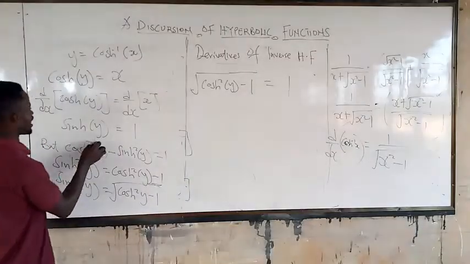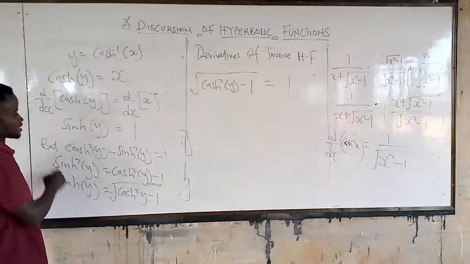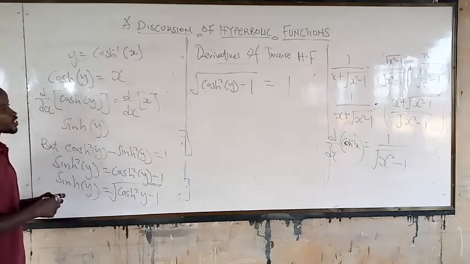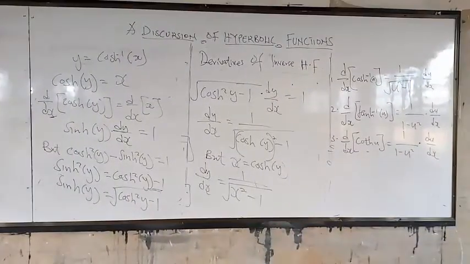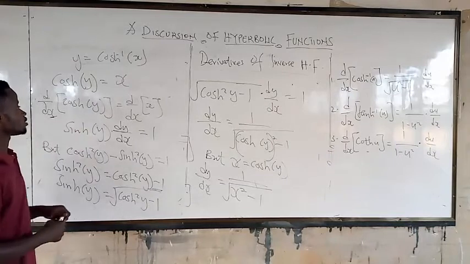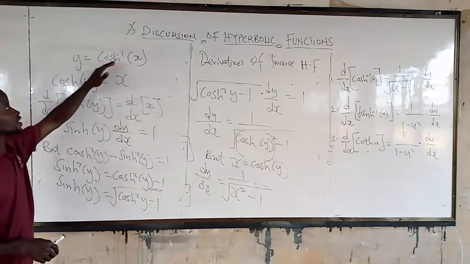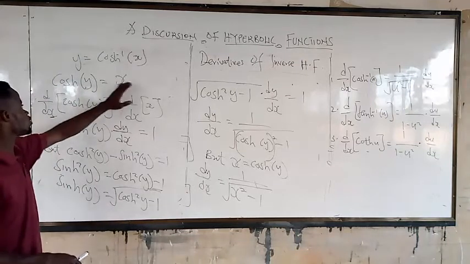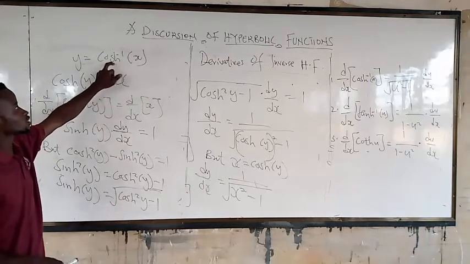Alright, now when we are taking the derivative of this, note here that this is an implicit differentiation. Please, the mistake I had here is that what we are doing is that we are finding the derivative of cos inverse. So we first take cos of both sides, and that ignores the cos inverse.